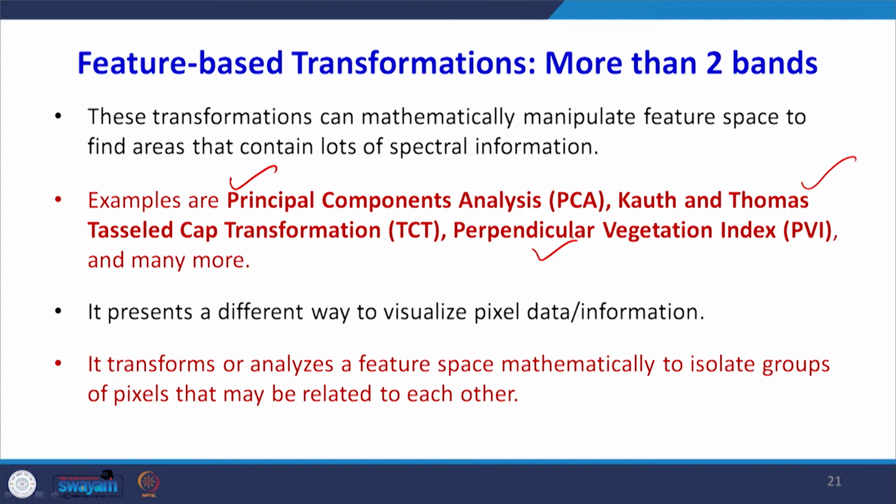Several such vegetation indices and transformations have been developed, and they require more than 2 bands of data. So there is a slightly different way to carry out the analysis. We will first find the correlation between the bands, and take those bands which are uncorrelated, or make them uncorrelated. I will discuss here principal component analysis and Tasseled Cap transformation only.